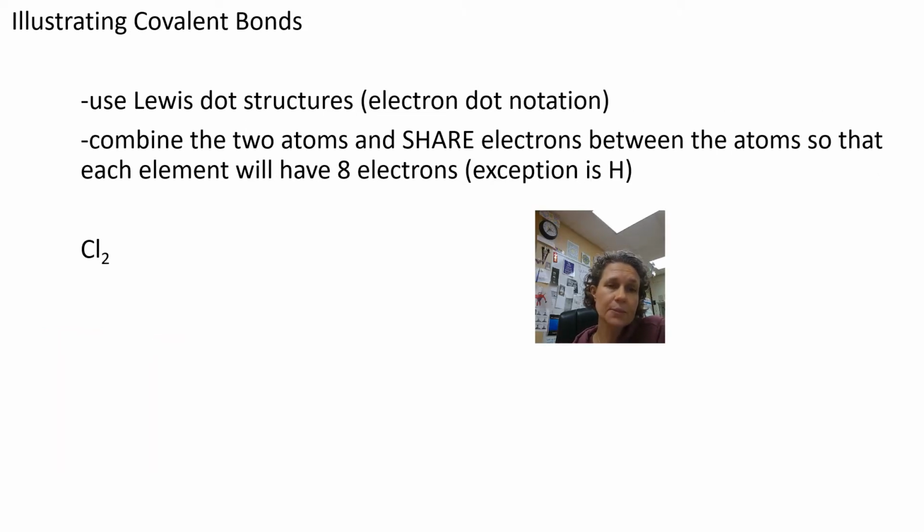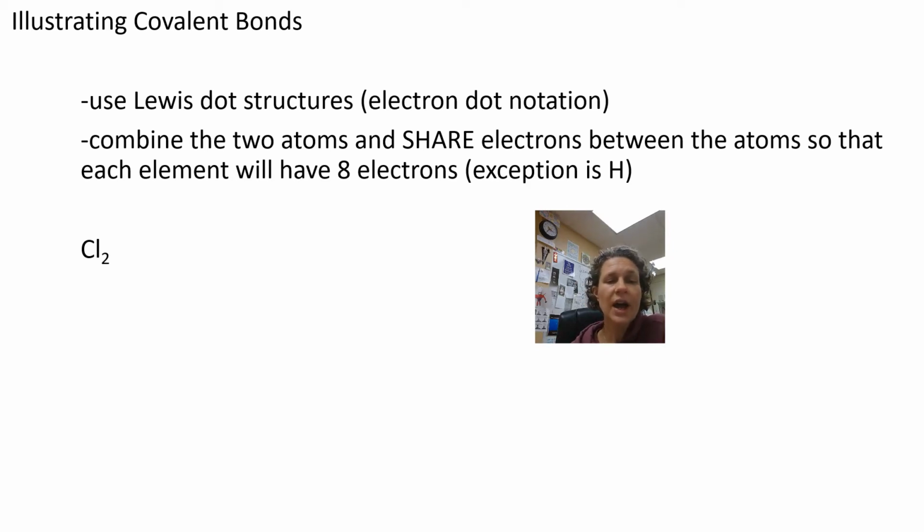Typically when you are illustrating covalent bonds, you use a Lewis dot structure. We did this in chapter 17 where you did the dots around the symbols of the elements. We're going to do that same thing, but now we're going to put them together to show that sharing between 2 different atoms.